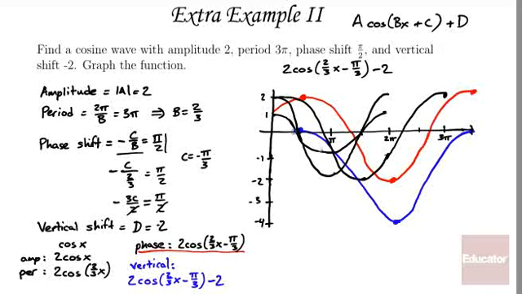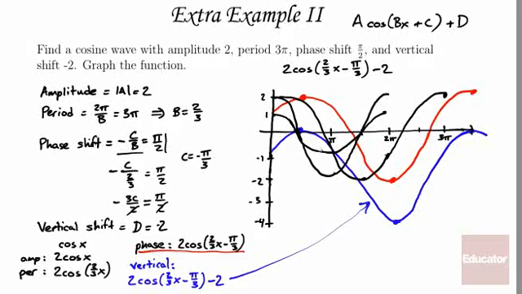So this graph peaks at 0, and it never actually goes north of the x-axis because it's going up to 0 and down to negative 4. So that's the final graph that we've been asked for. So let's recap there.